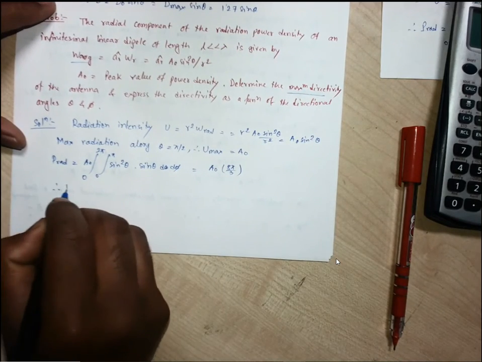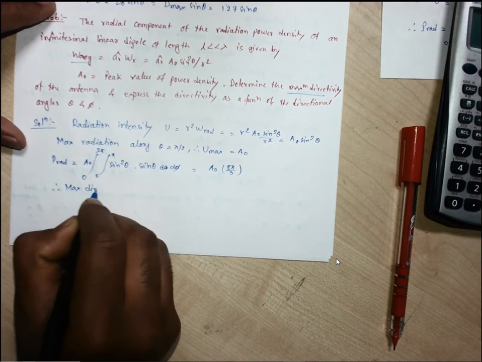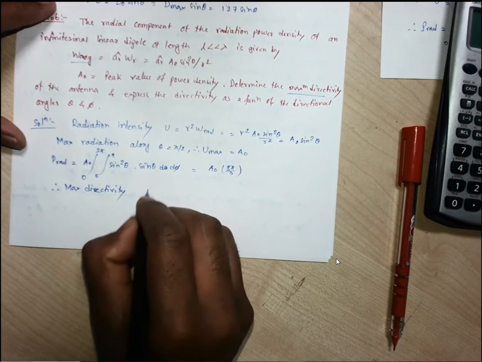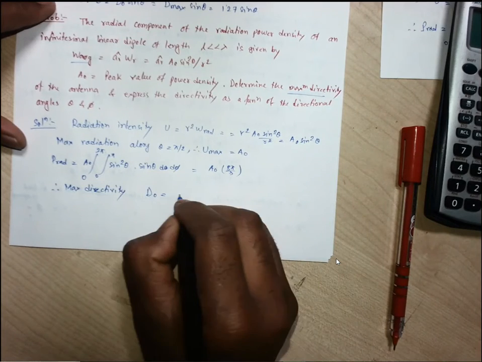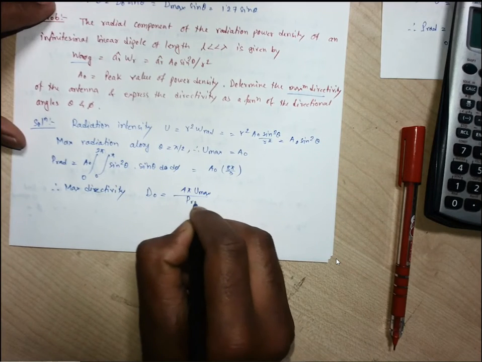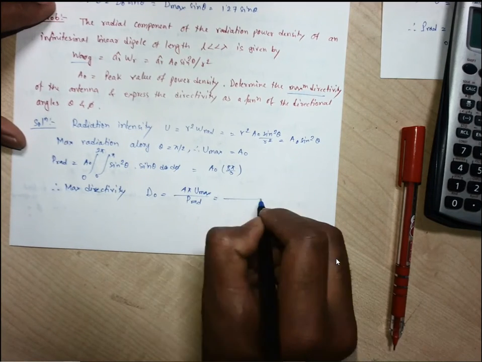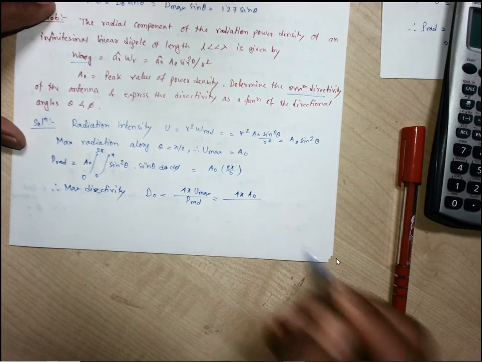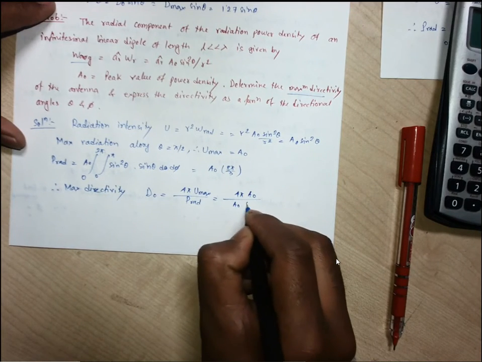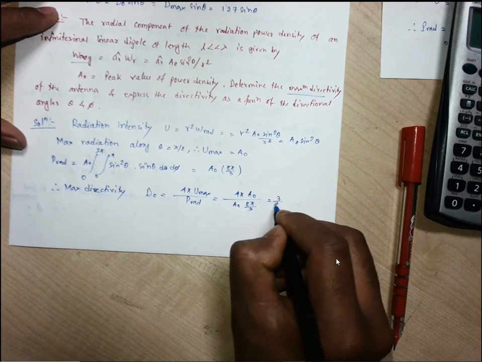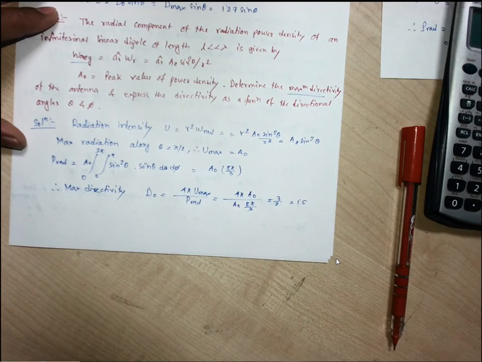Therefore the maximum directivity, D max or D₀, whatever it is, we can write as 4π U max by P rad. So U max we know, P rad also we know. So 4π A₀ by P rad, which is A₀ into 8π/3, comes out as 3 by 2, that is 1.5.